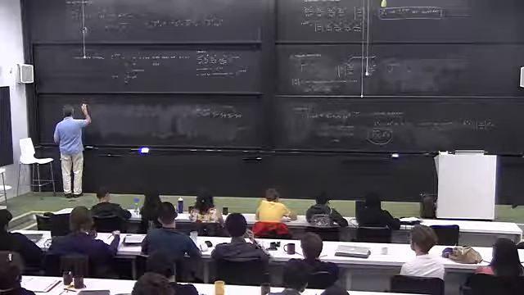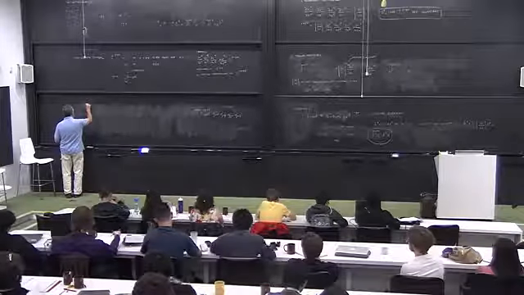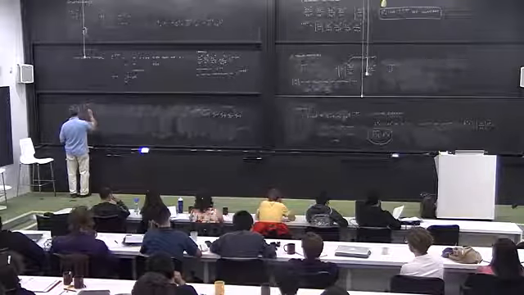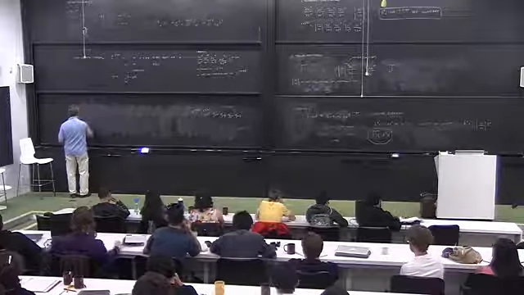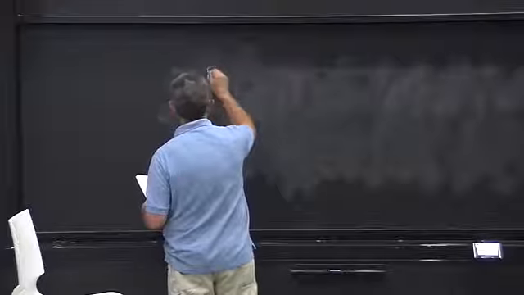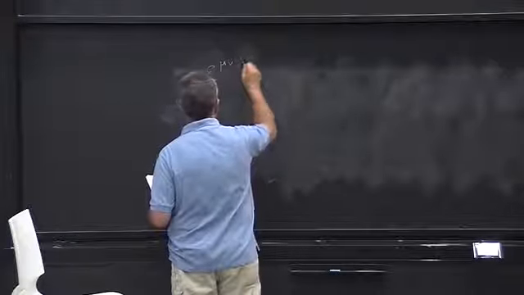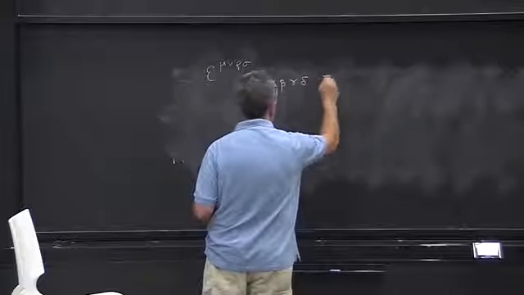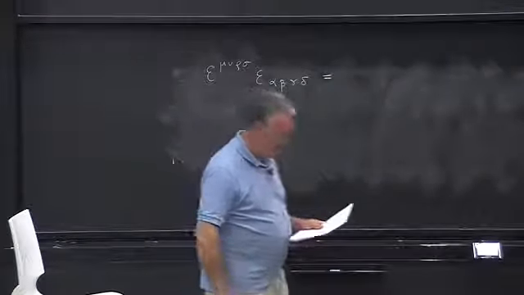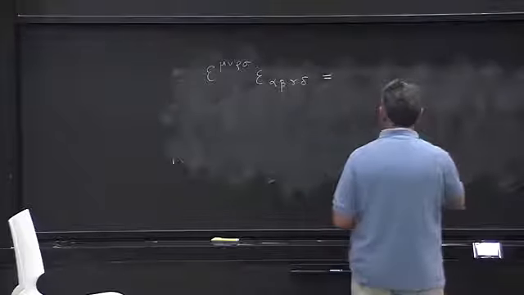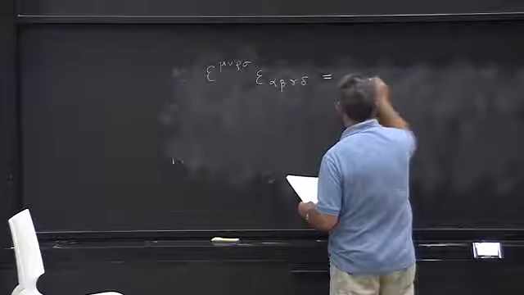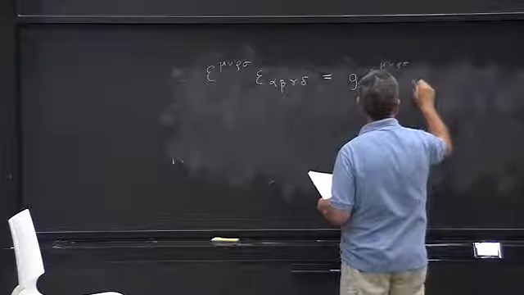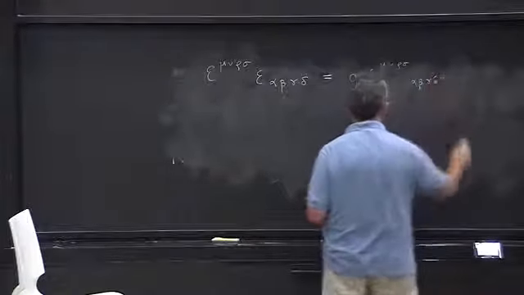Let's take epsilon mu nu rho sigma, and multiply it by epsilon alpha beta gamma delta, with no indices contracted. You can check that that's equal to G times delta mu nu rho sigma alpha beta gamma delta.